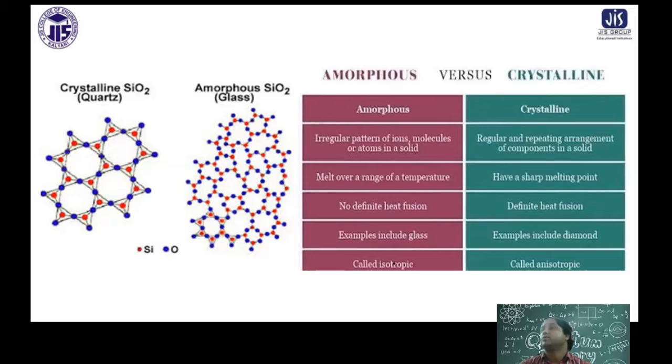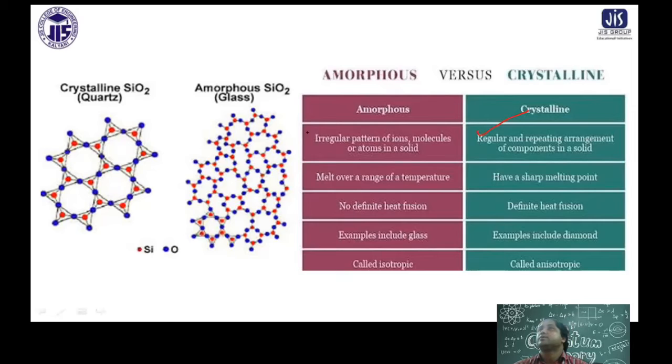Arrangements of solids, regular arrangement of ions and molecules. The first point is this: regular arrangement in crystalline system, and in amorphous system it is lost.